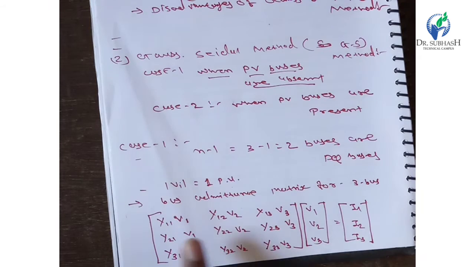By using this bus admittance matrix, we write the equations for bus 1, bus 2 and bus 3.